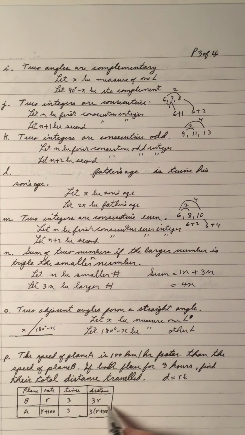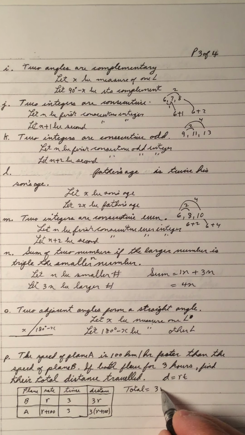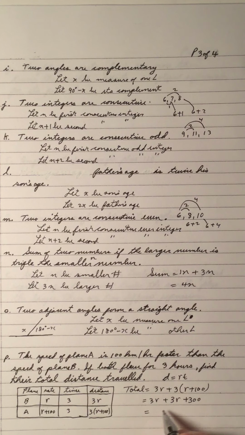This distance is in kilometers. So the total distance by both of them, you have to add them up. So it's 3r, add on 3 times r plus 100. So that's 3r, add on 3r plus 300. Add like terms, 6r plus 300. And again, that distance is in kilometers.